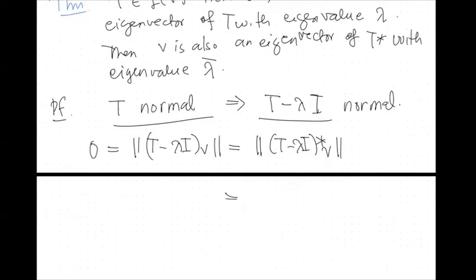This is also equal to the norm of (T star minus lambda conjugate I) v.